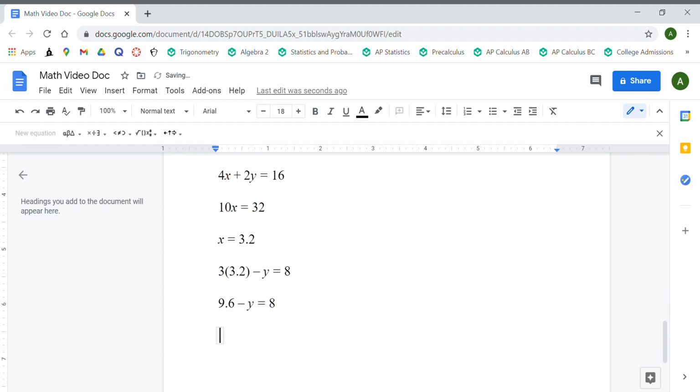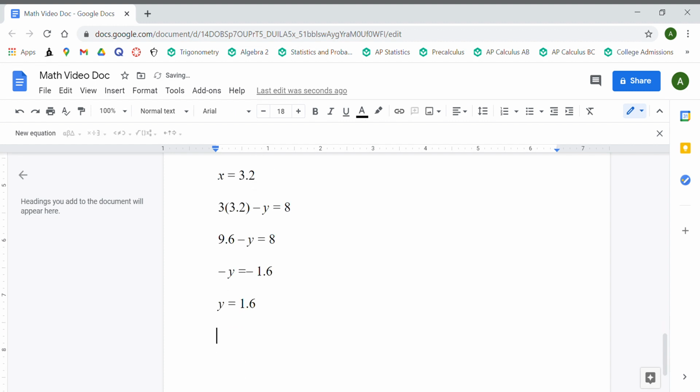Subtract both sides by 9.6. Negative y equals negative 1.6. Divide both sides by -1, and you get y equals 1.6. And so our solution is 3.2, 1.6. It's that easy.